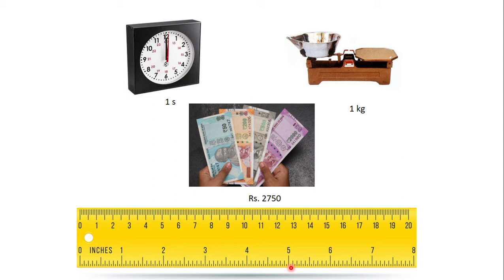Yes, it is the currency, because you cannot express any laws of physics using this. Though you have a value, the denomination with the proper unit, you cannot express physics laws using this. So this is not a physical quantity, whereas the others are. You can measure the length, the time, the mass. All these are physical quantities through which you can express the laws of physics, whereas the currency is not a physical quantity.